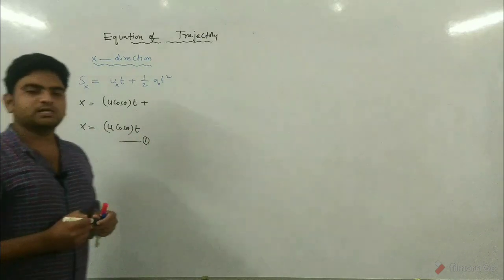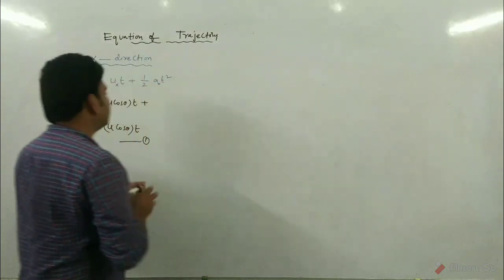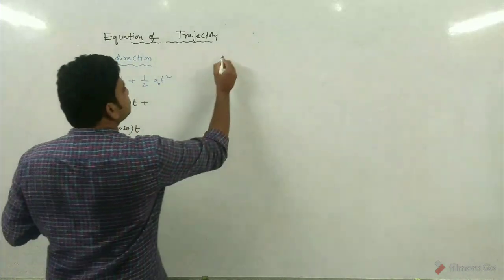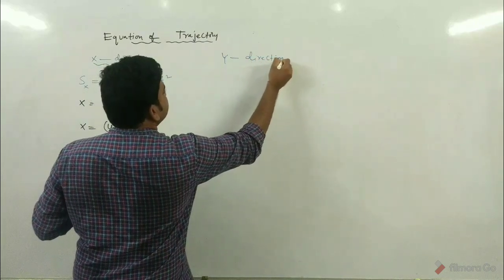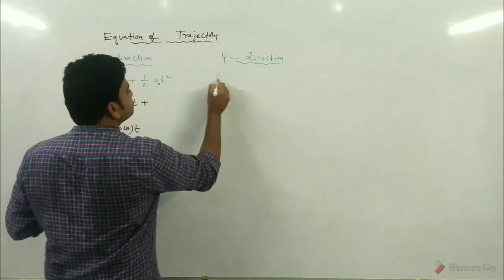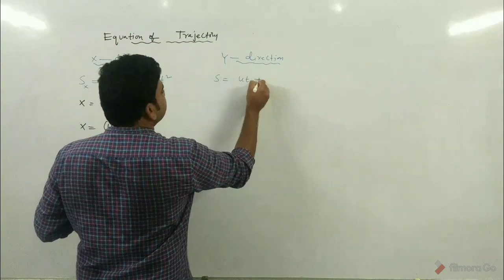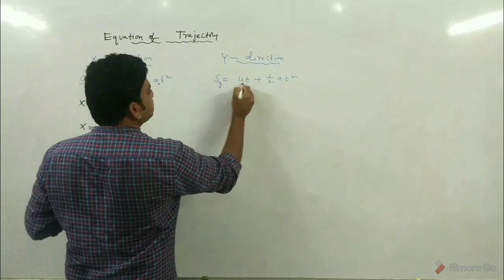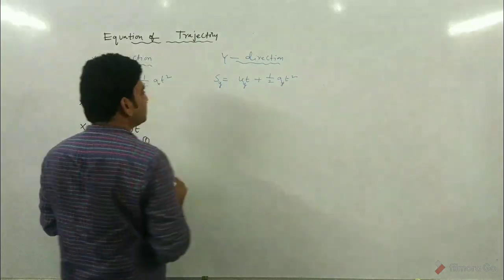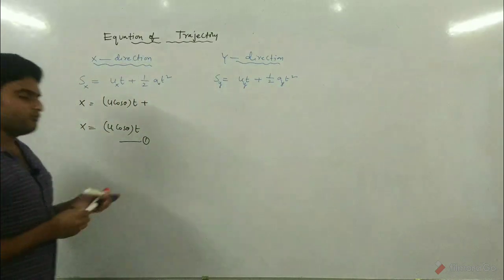Similarly, I would like to consider the motion in the y direction also. Same formula I am using, that is s equals ut plus half at square. Now it becomes sy, uy and ay. The sy value here is y.